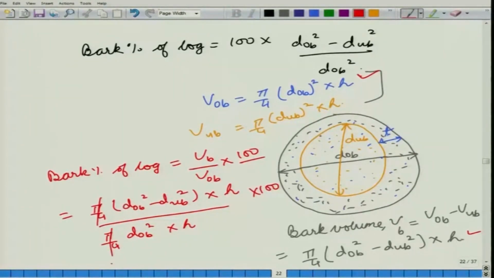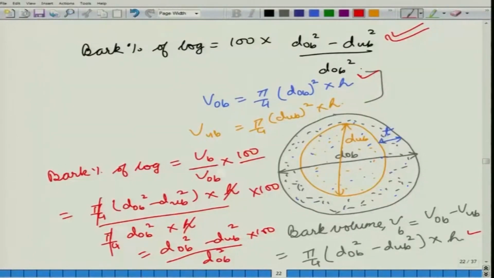So, pi by 4 and pi by 4 get cancelled, h and h get cancelled. So, we get dOB square minus dUB square divided by dOB square multiplied by 100, which is this formula. So, this is the bark percentage of log.